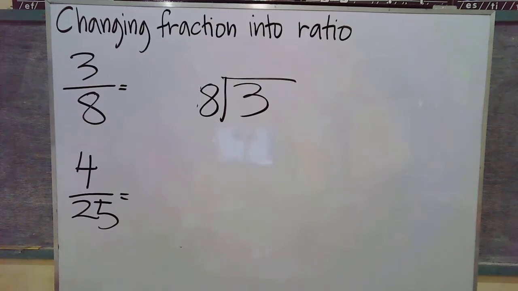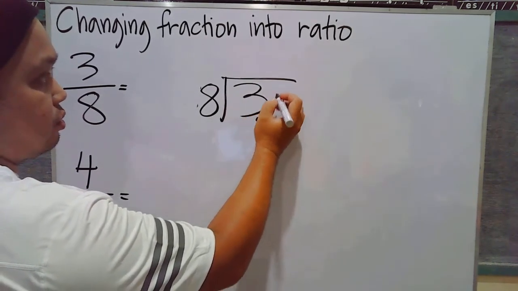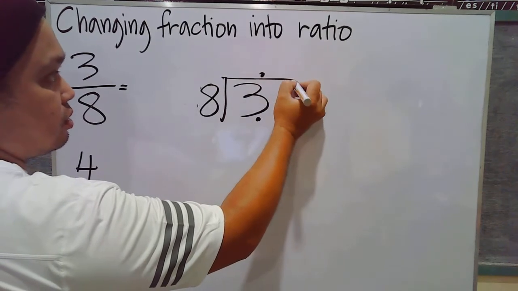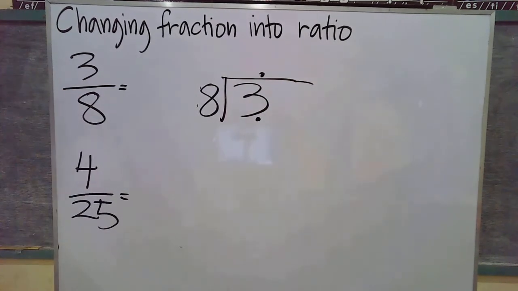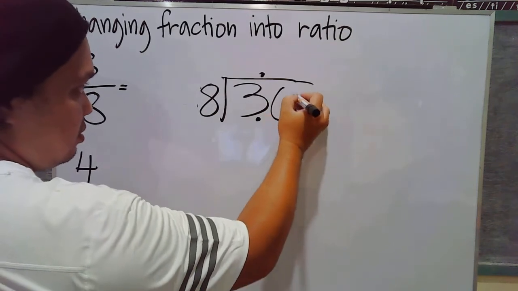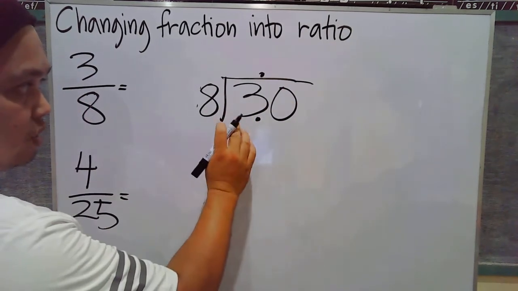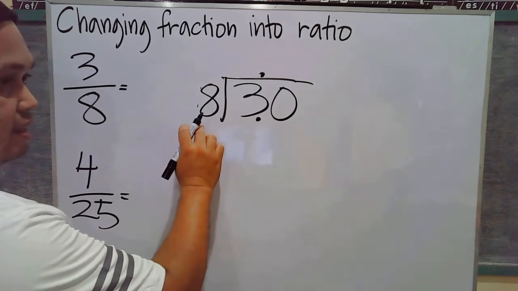So how to divide them? We need to answer them in decimal number. Okay, so we're gonna add 0 here, to make the number 2 digits, so that we can divide already.